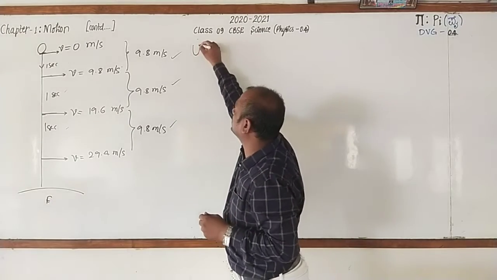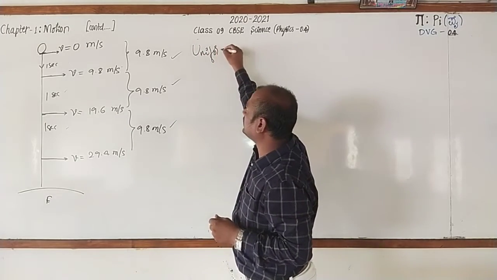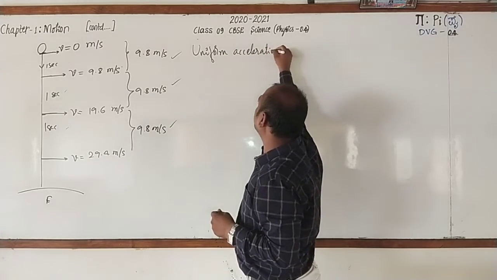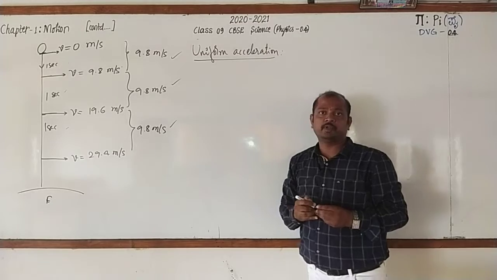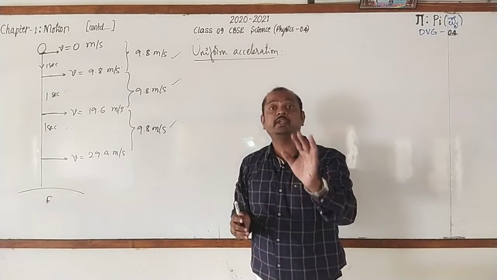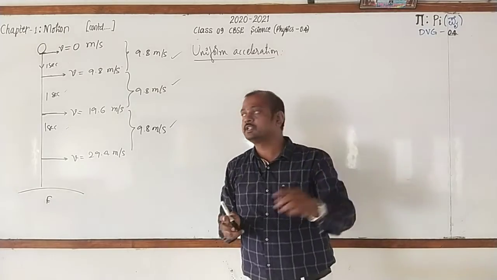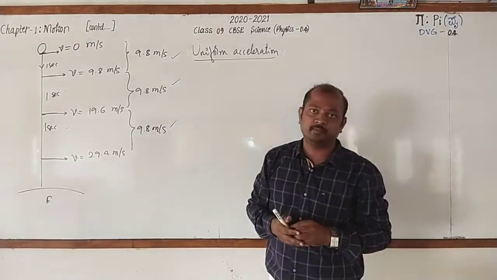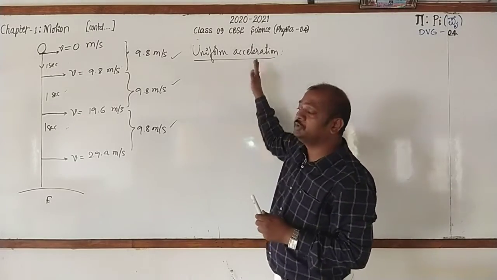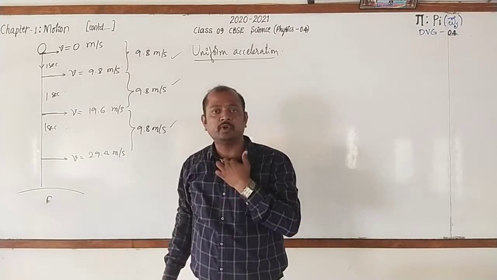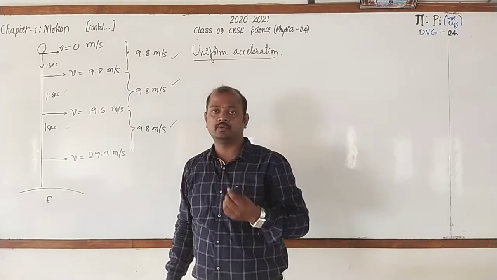Let me tell the definition of uniform acceleration. Listen carefully. When a body moves along a straight line, if it changes its velocity by equal amounts in equal intervals of time, then it is called uniform acceleration. Example, a freely falling body towards the ground.